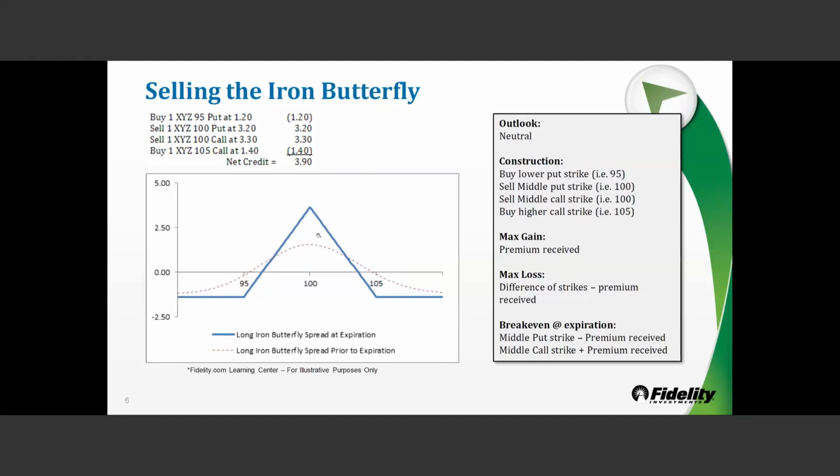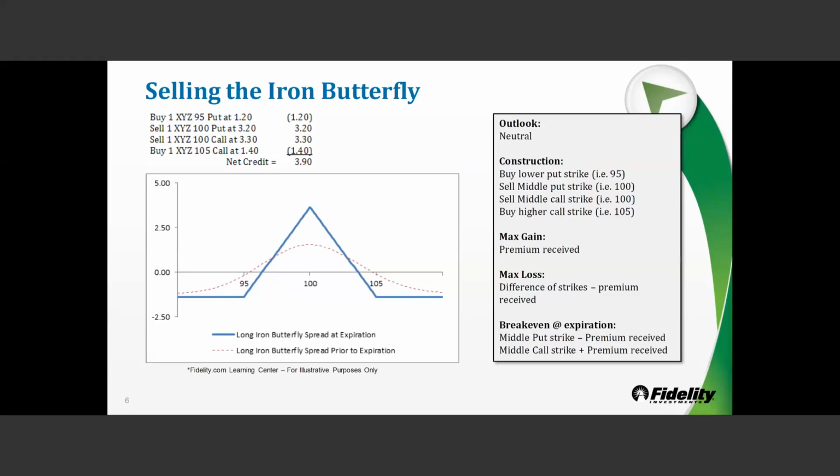So for the iron butterfly, you sell two in the middle, a 100 put and a 100 call, and then you buy a 105 call and a 95 put, which is somewhat like the iron condor, except that it is called a butterfly because the profitability diagram looks like this. So that's the only difference between iron condor and iron butterfly in terms of putting together a transaction.